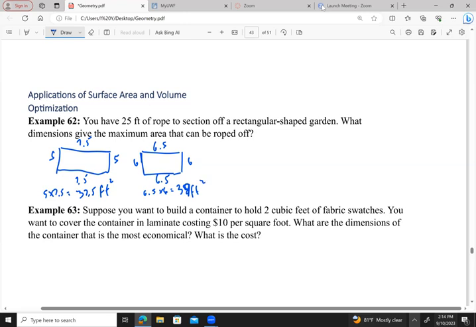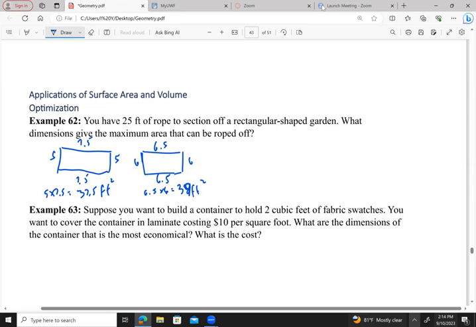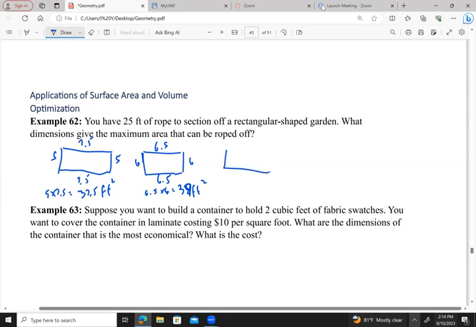So it's looking like maybe, what if we go a square? And I know my drawing is not a square. Or every side is 6.25. So now my area is 6.25 times 6.25. And that gives us 39.0625.